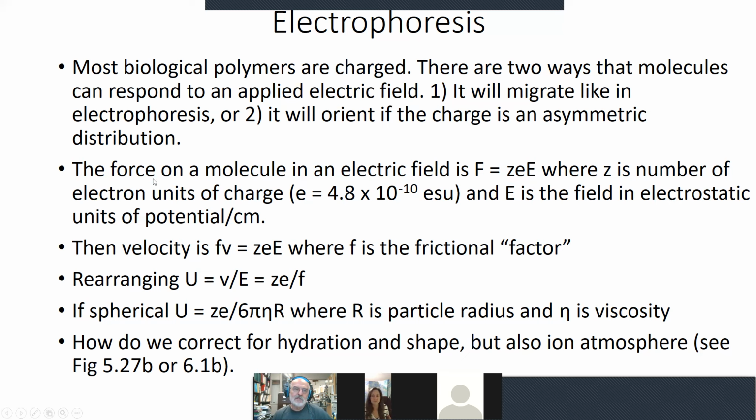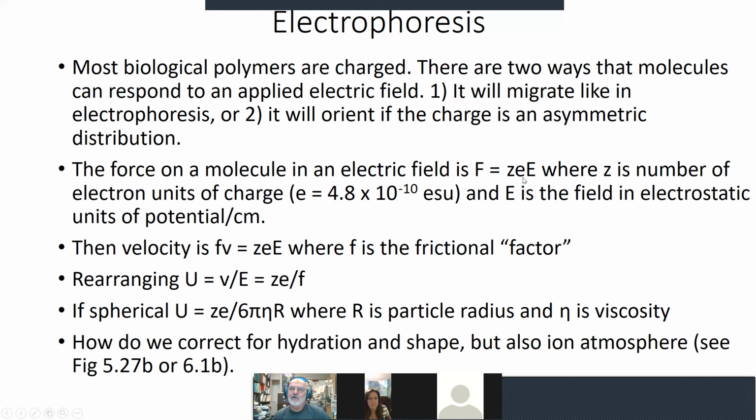So this is a general way to think about fields and an applied field and how macromolecules respond to an applied field. In the presence of an electric field, there's a force on the molecule, and the force depends upon the charge, Z, so the number of electron units of charge.